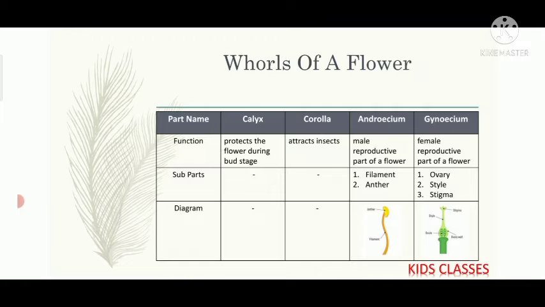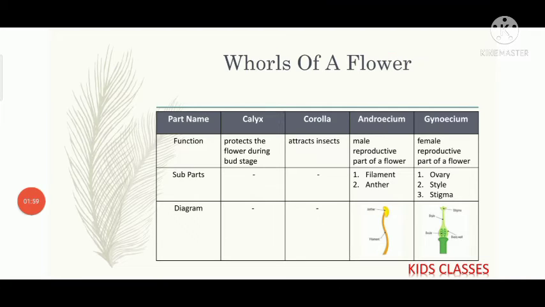Okay. So which reproductive part? Androecium and gynoecium. Androecium is the male reproductive part and gynoecium is the female reproductive part. Okay. And what is the function of corolla? So the basic function of corolla is to attract insects such as bees and butterflies for pollination. Okay.